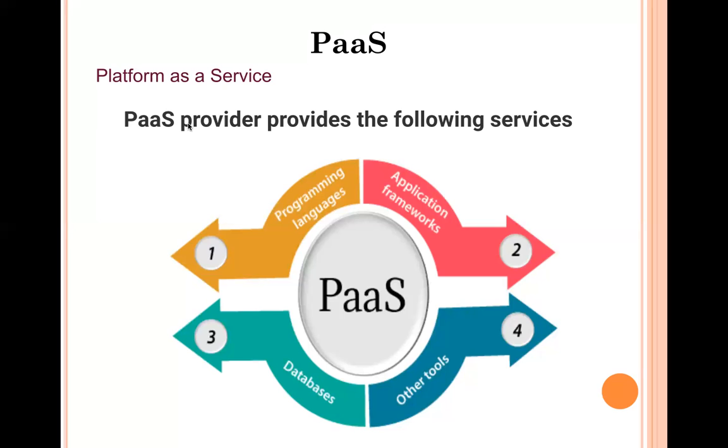So we can create some application, we can deploy that application over the internet. The whole environment is provided by the PaaS provider. Now see, in PaaS, backend scalability is managed by the cloud service provider.